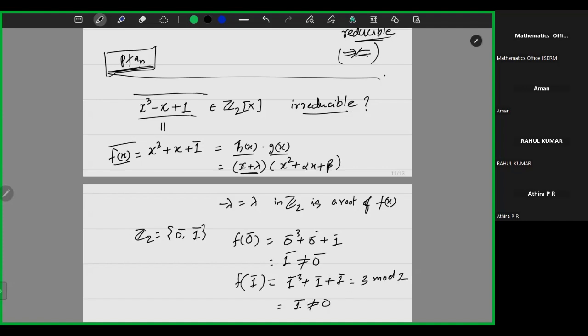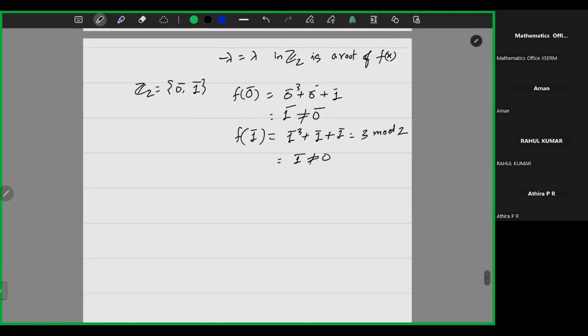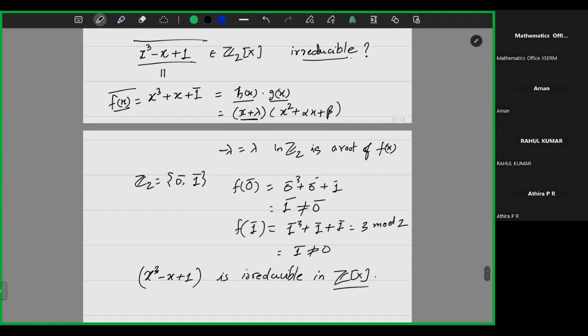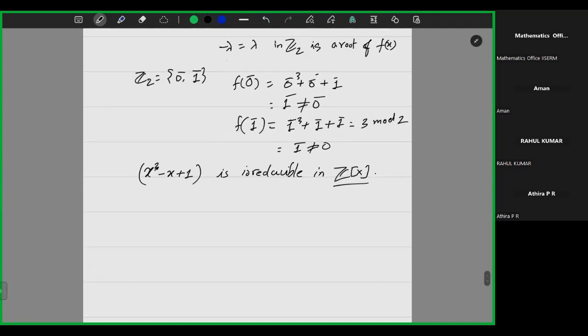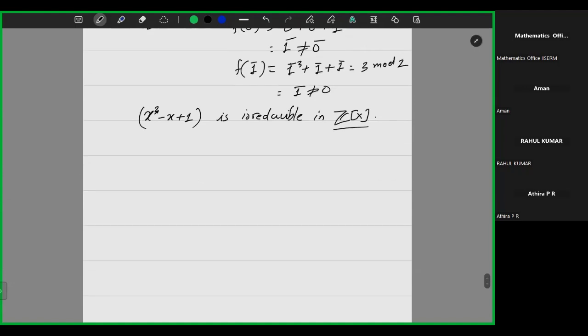This is also not 0. So what we get is x cube minus x plus 1 is irreducible in Z[x], because it was monic, we can apply our just proved thing.